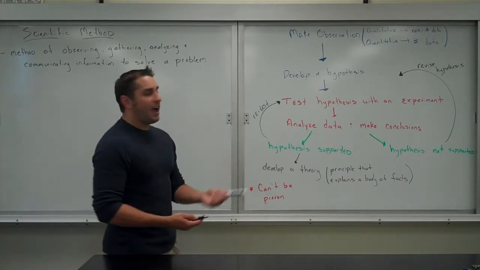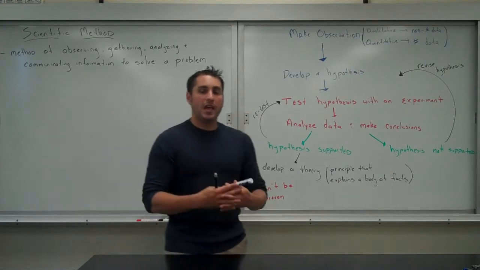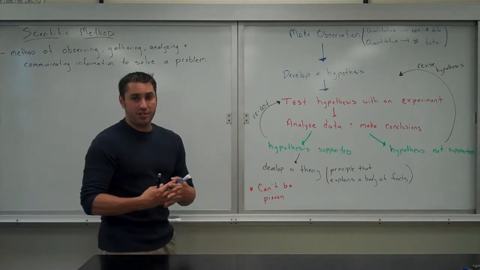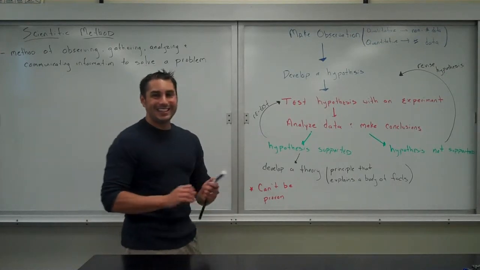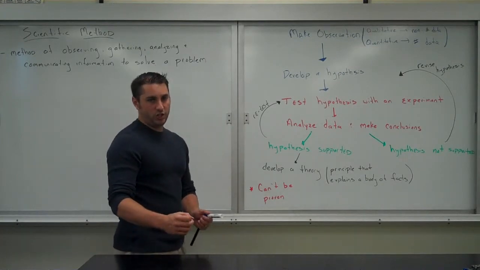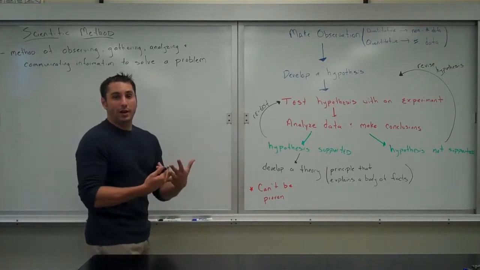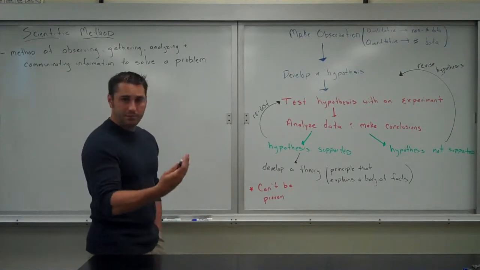So we will define a hypothesis as a proposed answer to a question. We have not done nearly enough research to say if it is educated or not. So a hypothesis is simply a proposed answer to a question. Once we come up with our proposed answer, we want to check to see if it has some type of bearing.